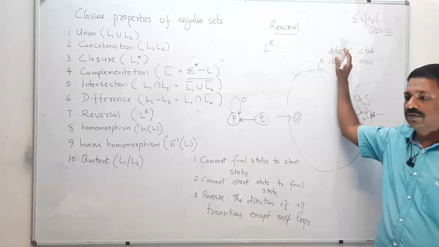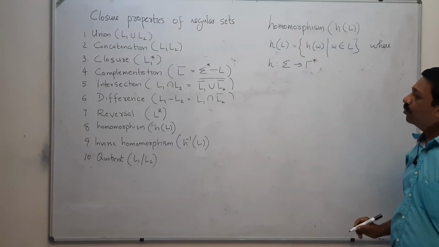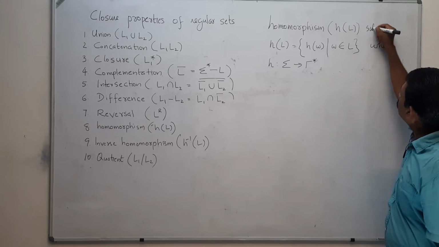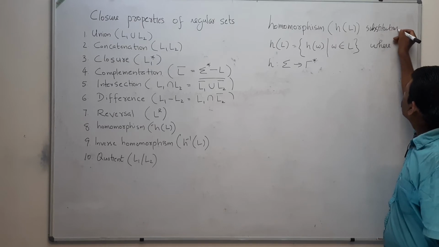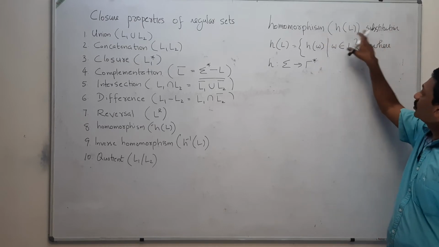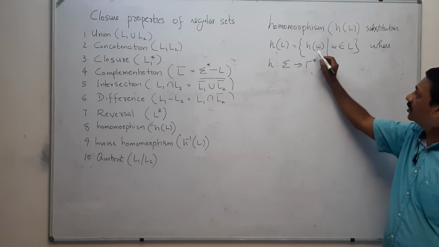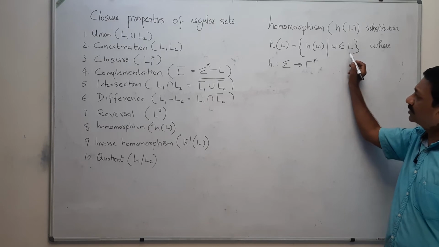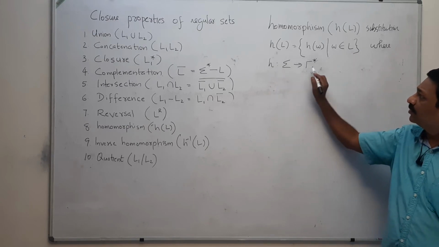That is reversal. Now we are going to discuss homomorphism. The next one is homomorphism. Homomorphism is otherwise called substitution; in mathematical terms, substitution is called homomorphism. Homomorphism is h of L is equal to h of w, where w is an element of L. I'll show you an example where h is a mapping from sigma to tau star.